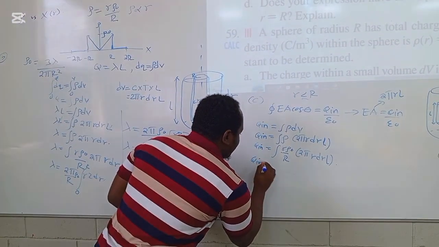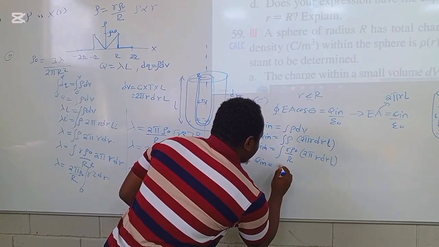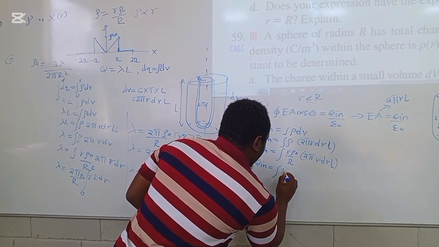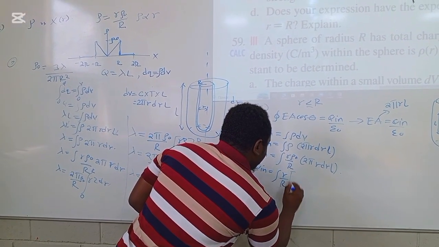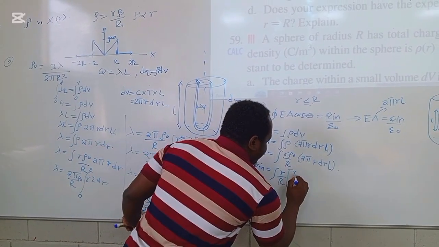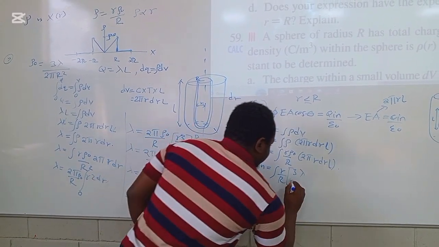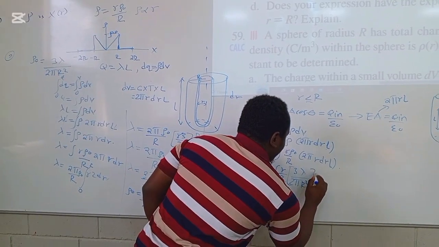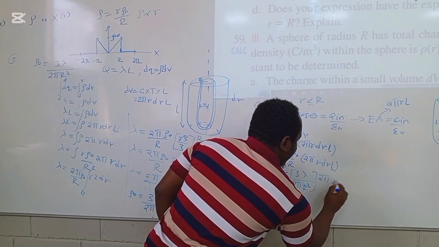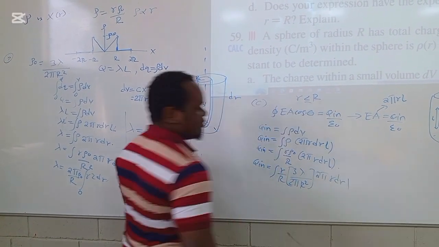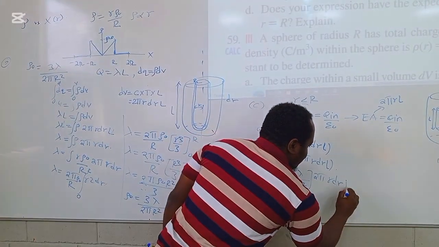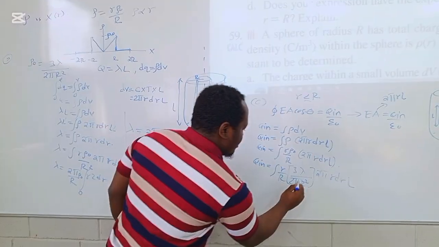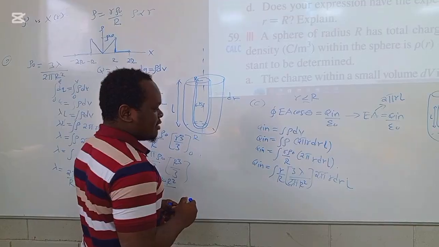So Q in is equal to r over R times 3 lambda over 2 pi R square, times 2 pi r dr small l. And then 2 pi and 2 pi will cancel.